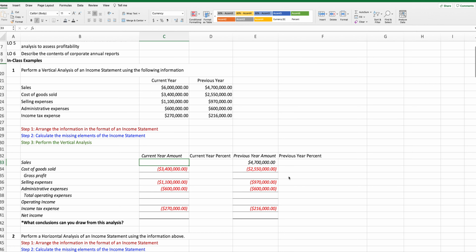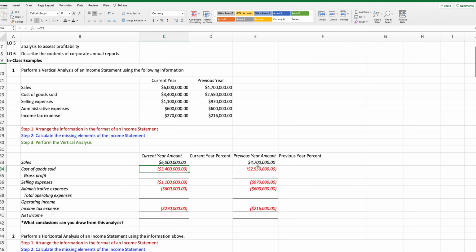I could have either typed in 6 million, or I could make it just a little bit easier and type in equals to signify that I want the spreadsheet to do something for me. I'm going to come up here to the 6 million and click on it, and you can see that in that cell it says equals C22. I'm going to hit the enter button.